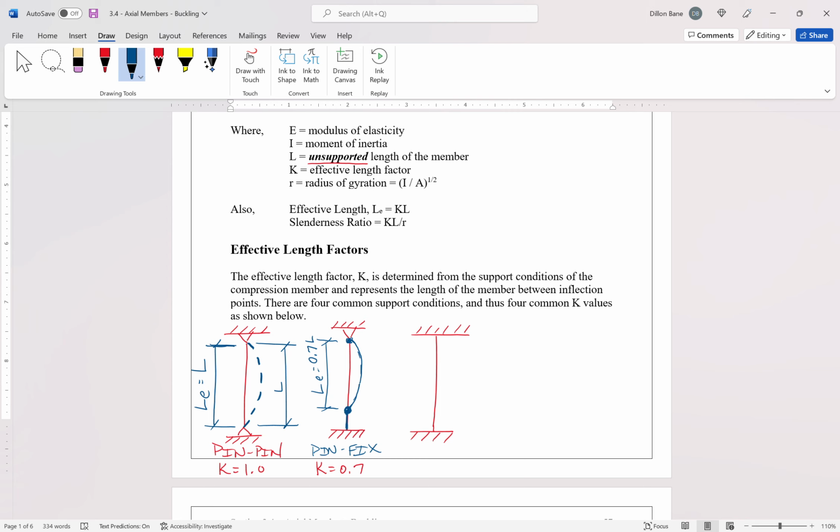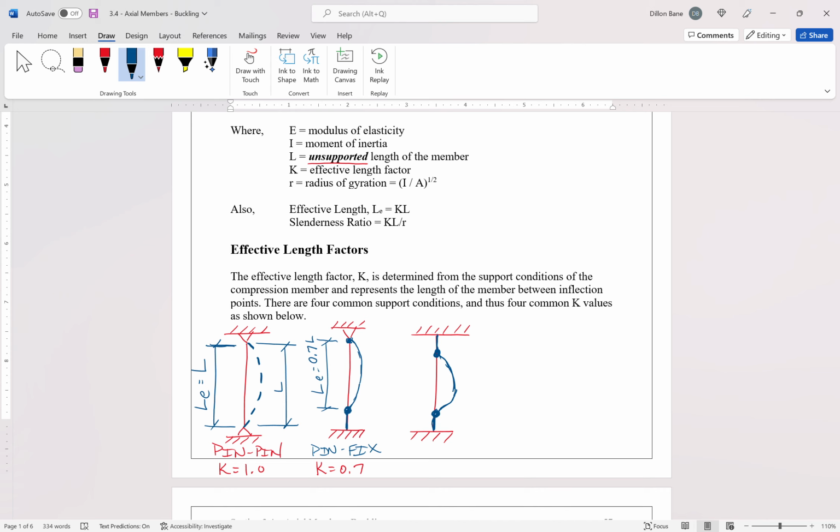But again, the supports are fixed, so we're not allowed to rotate at the support. So what we get is something like this, where the buckled shape starts off nice and perpendicular at the supports, and then it's going to buckle one way and have the maximum lateral deflection there in the middle. So again, we have an inflection point here and an inflection point here, right? The inflection point is where it changes concavity, left or right.